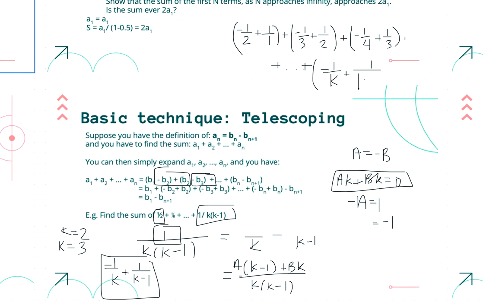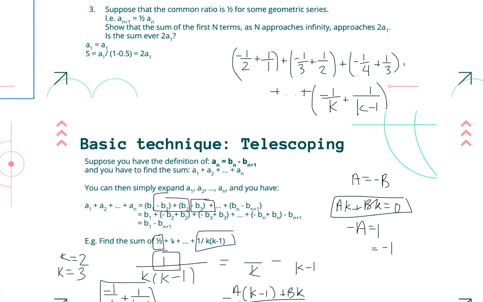So note that this is what we get when we set k equals 2, k equals 3, and k equals 4. And then we want to keep on doing that with all of the values of k, essentially.